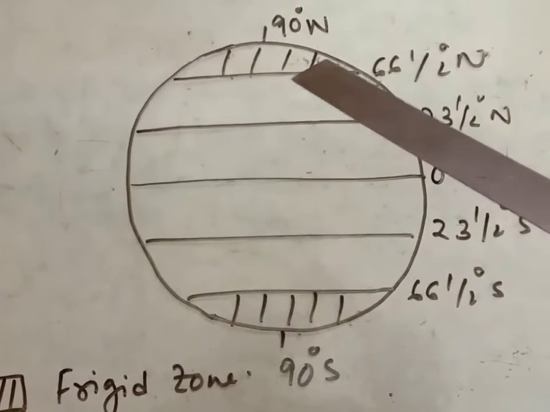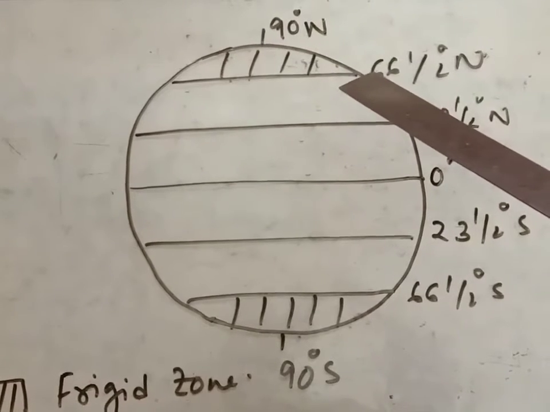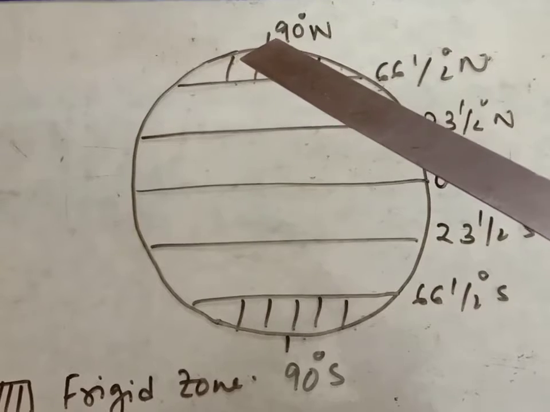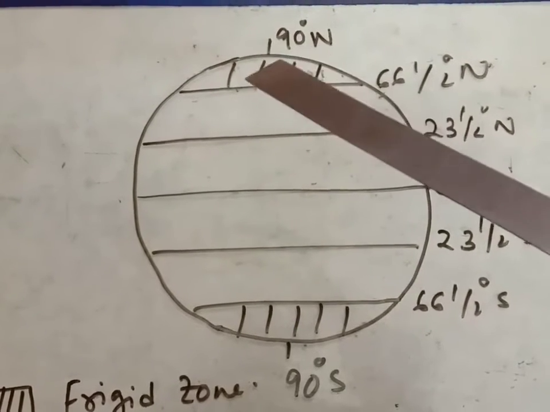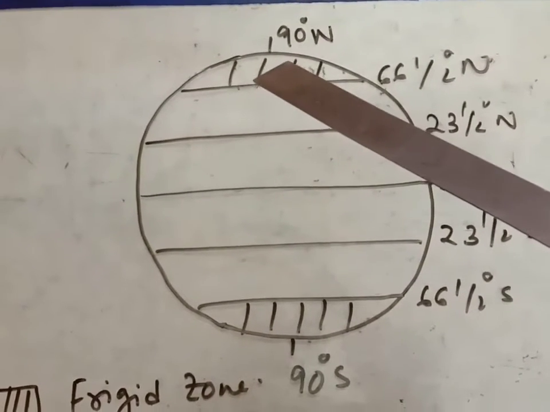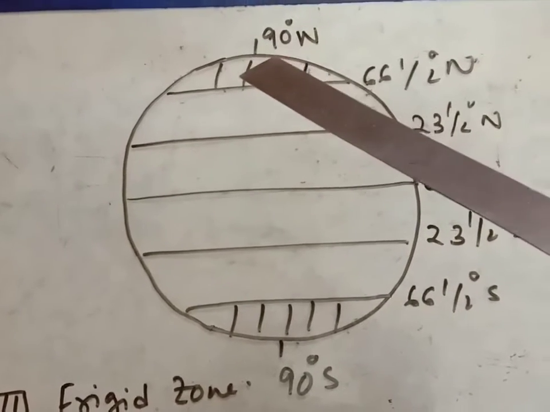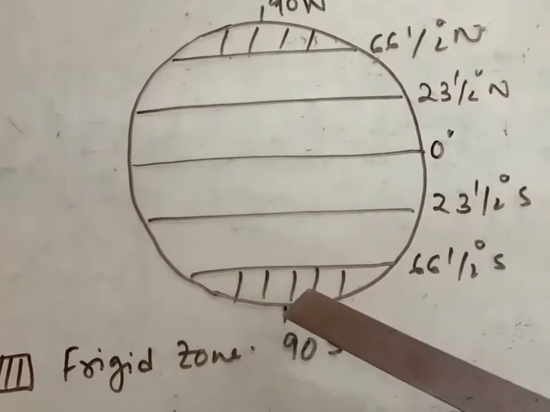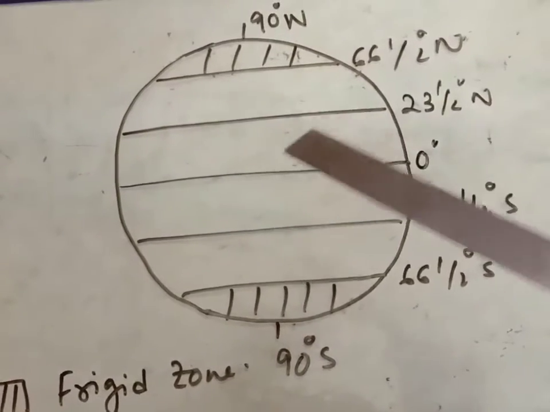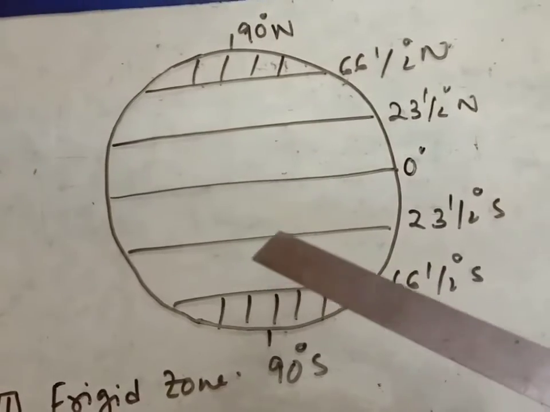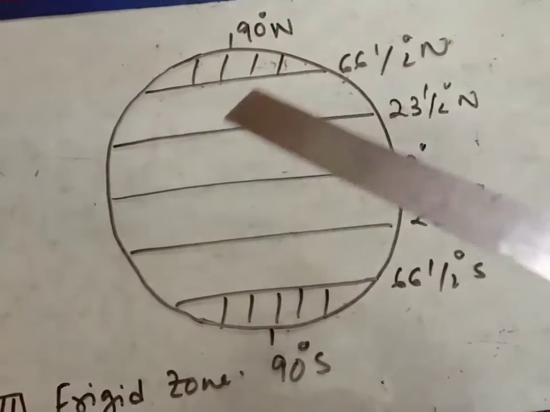Here also you can see 66.5 degree north to 90 degree north, that means Arctic Circle to the North Pole. This place is the frigid zone of the northern hemisphere, and the frigid zone of the southern hemisphere. So it's very clear to you, I hope, where we get the frigid zone.